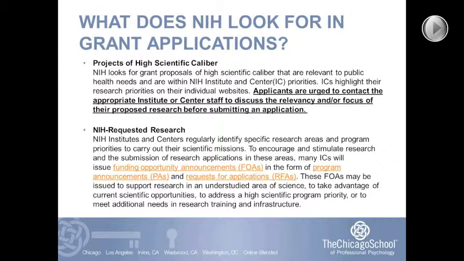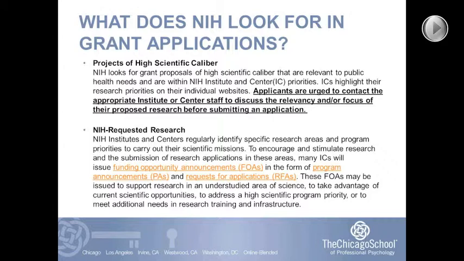So just a very brief look, and this is all taken from the NIH website itself, at what NIH looks for in grant applications. And I've underlined the importance of contacting the appropriate staff member to discuss the relevance and focus of your research. What they're looking for are, of course, very high caliber proposals.